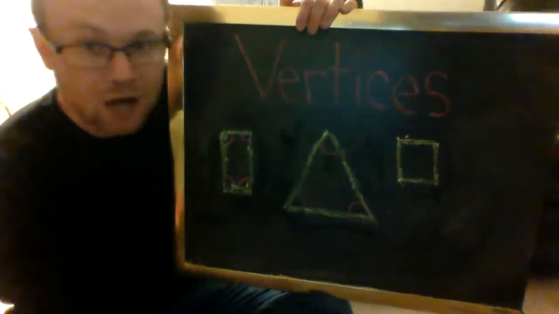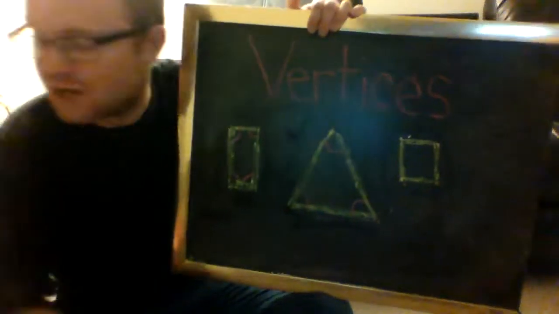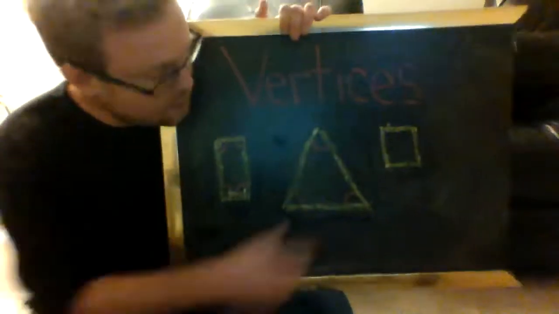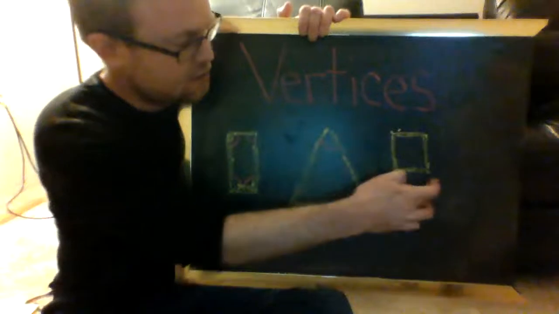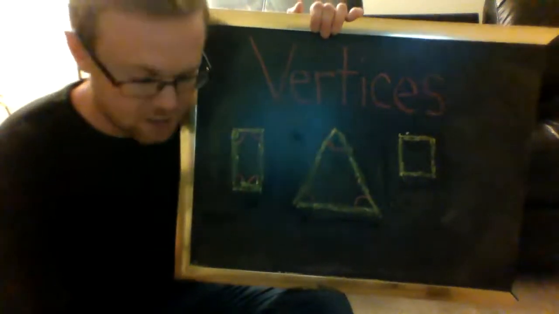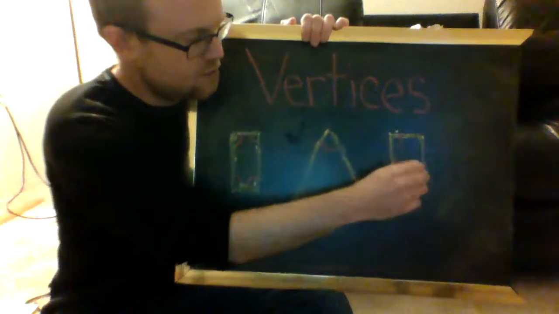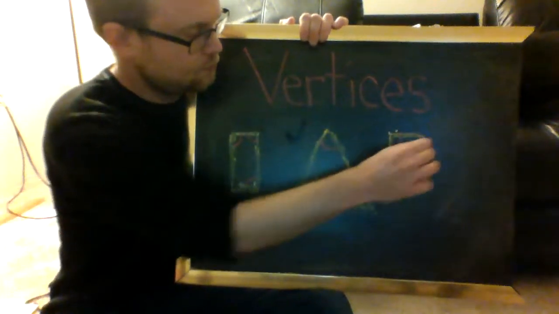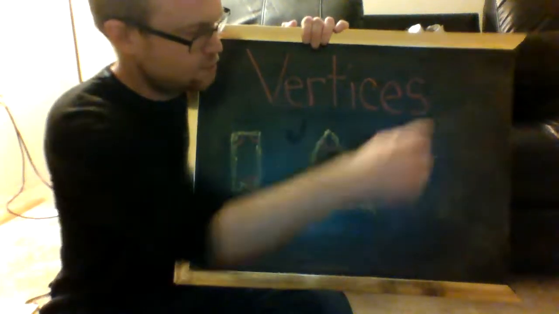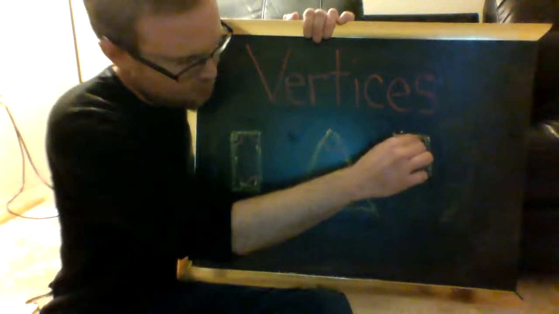Maybe, maybe not, but I tried. A square has all of its sides as the same length, okay? And a square also has 4 vertices. Vertices. And remember that vertices mean corners.